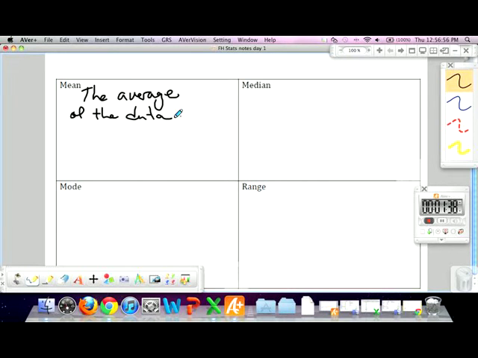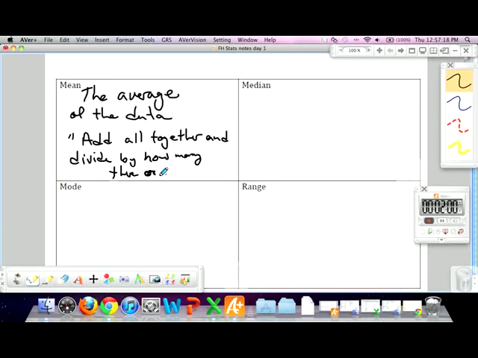You add all the data together and divide by how many there are. If you already know that, you don't need to write it down, but if it's been a while, that's how to calculate an average.